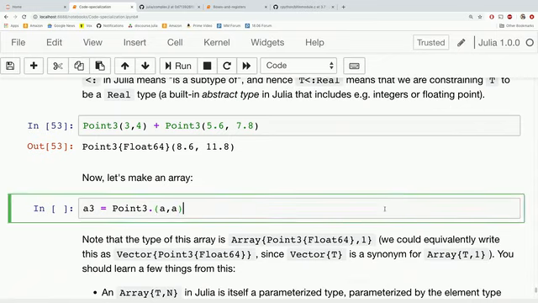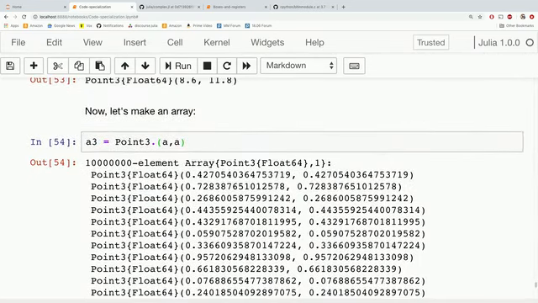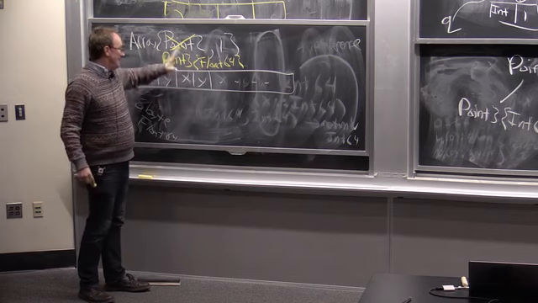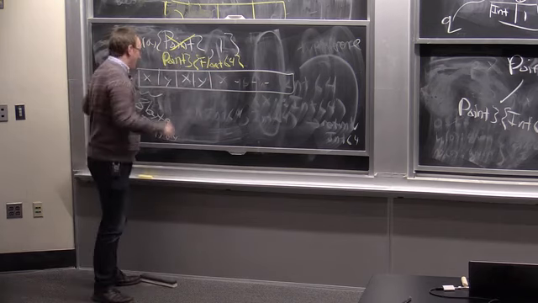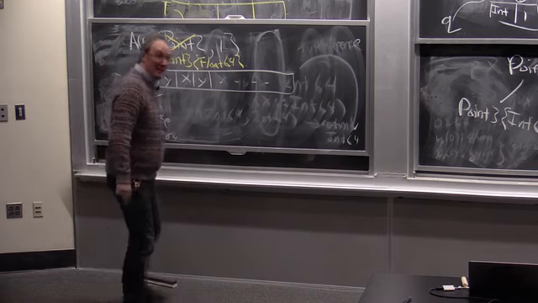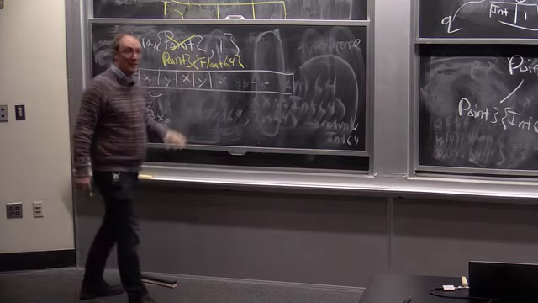And I can make an array. So now, if I have an array of Point3 Float64, this type is attached to the whole array. And this is not an arbitrary Point3, it's a Point3 of two Float64s, so it gets stored again as just 10 to the 7th elements of x, y, where each one is 8 bytes, one after the other.